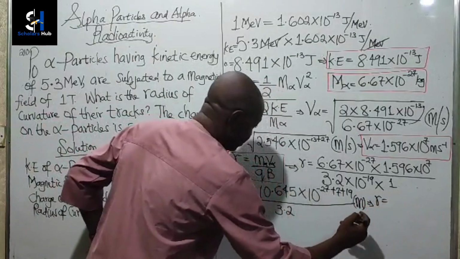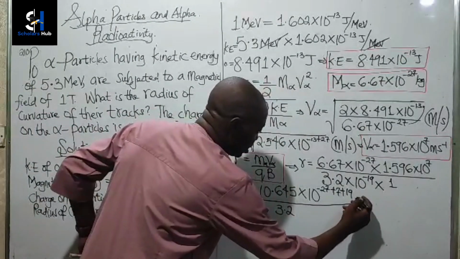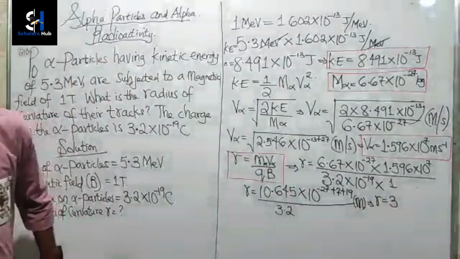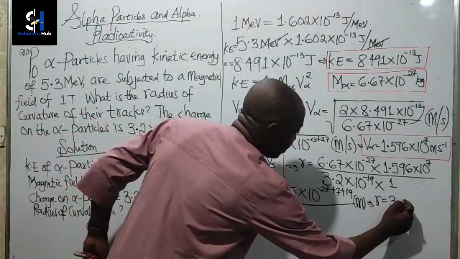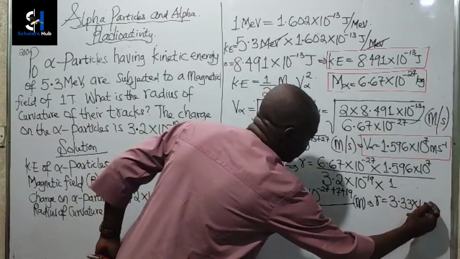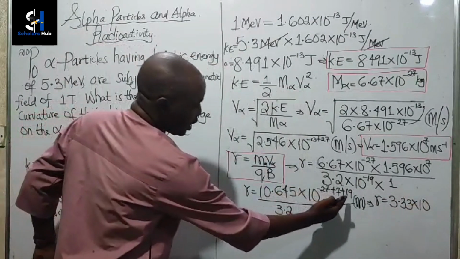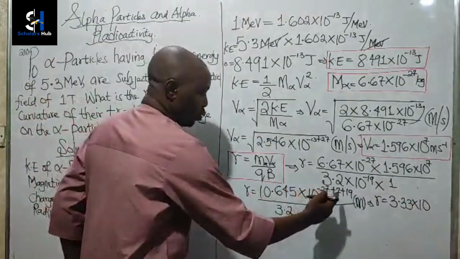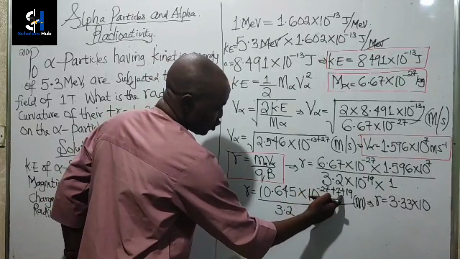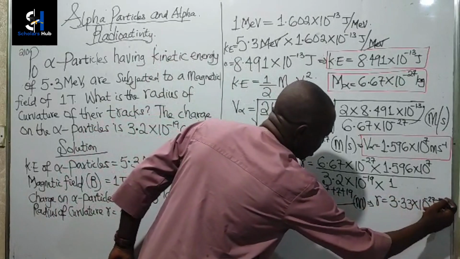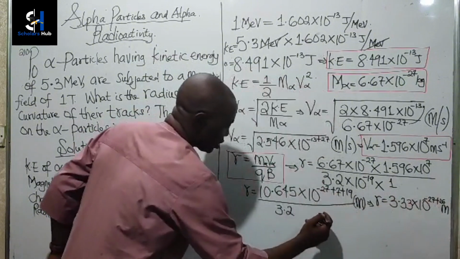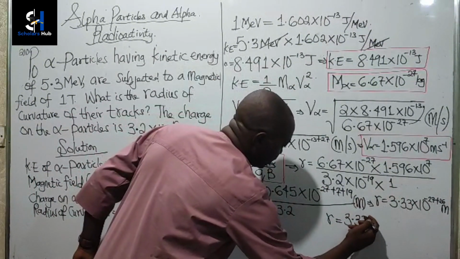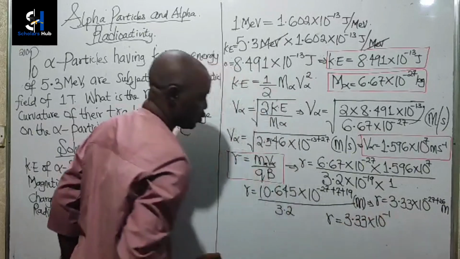So we have 3.33 multiplied by 10 raised to the power of, now we know that 19 plus 7 will be 26. So which means negative 27 plus 26. So the radius will be 3.33 times 10 raised to the power of minus 1.